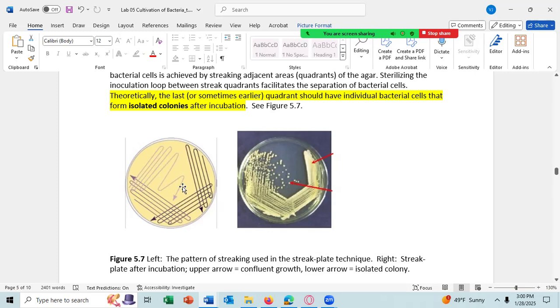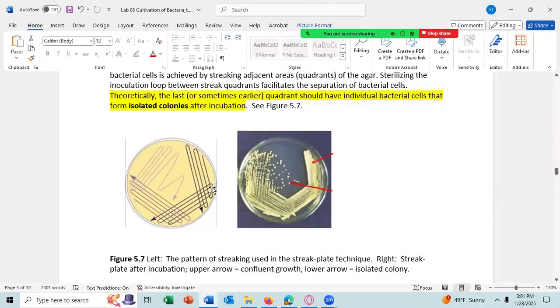The idea of this different quadrant system and doing the streaks is someplace along the line, either quadrant 1, quadrant 2, quadrant 3, or quadrant 4, you will dilute the bacteria so that in one of the quadrants you'll be streaking down individual isolated cells, which will give rise to individual isolated colonies.